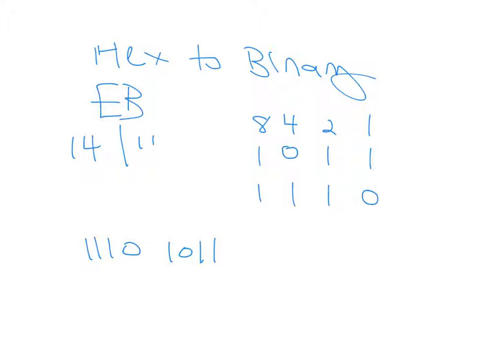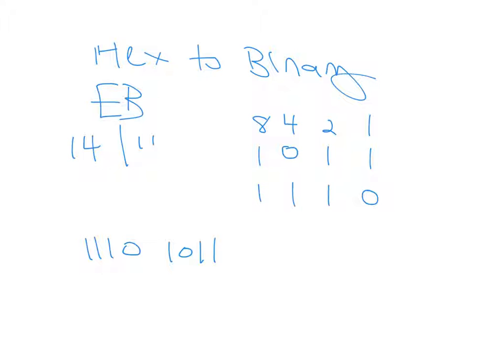Which is what we saw in the previous set of numbers on the last page. This is also equal to decimal 235. So we see if we need to go from decimal to hex, we can go from decimal to binary and binary to hex. And if we need to go from hex to decimal, we can go from hex to binary and binary to decimal.